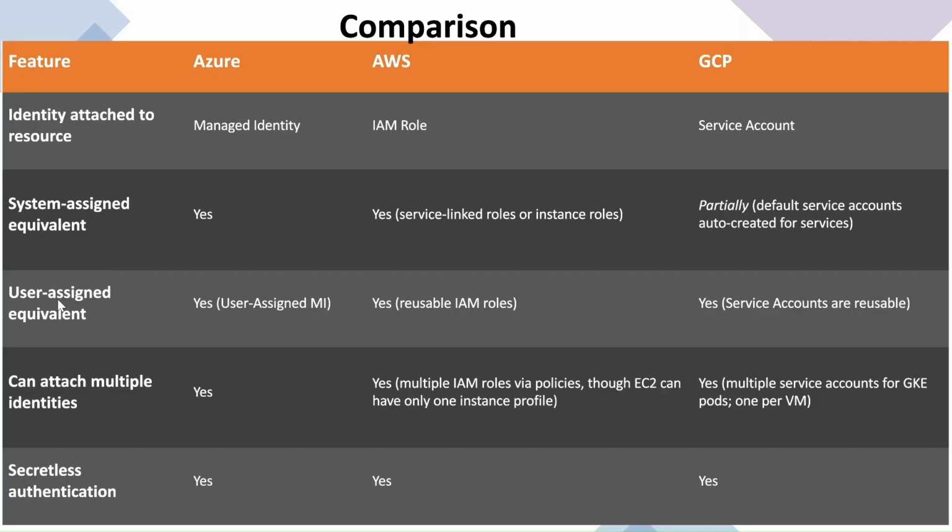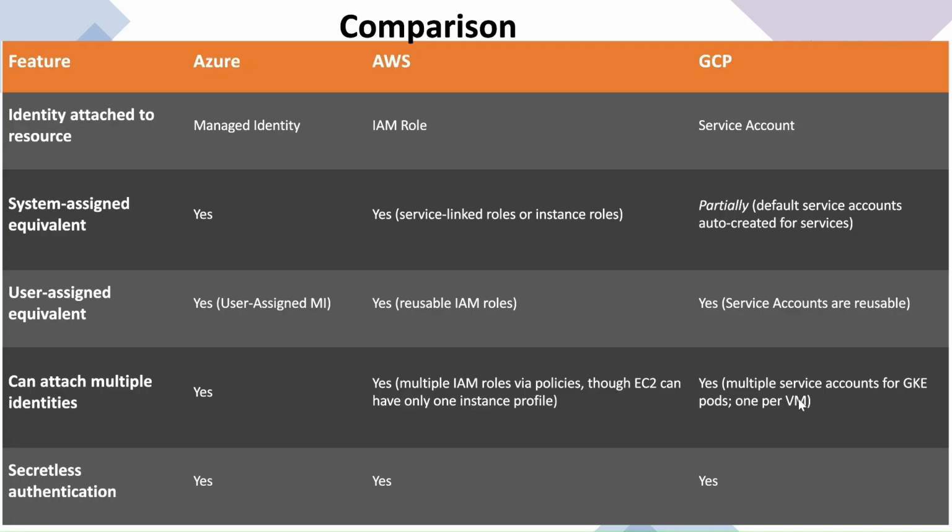For the user assigned equivalent, we have reusable IAM roles in AWS, and service accounts are also reusable in GCP. Now, can we attach multiple identities to a resource? Yes. Even in the case of AWS, via multiple IAM role policies, although EC2 can have only one instance profile.